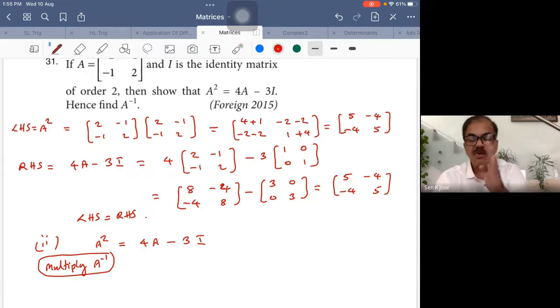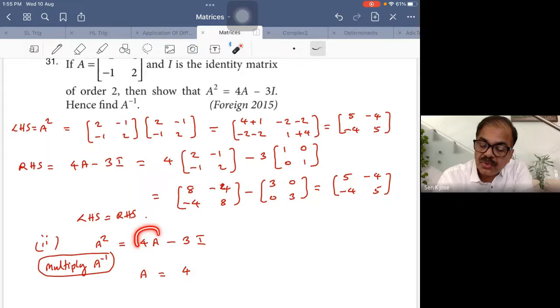So that's the logic. You could just, for convenience, consider it as they are cancelling. So one A gets cancelled from A squared because you are multiplying by A inverse. So that's A on the left side. On the right side, 4 into A, but I am multiplying it by A inverse.